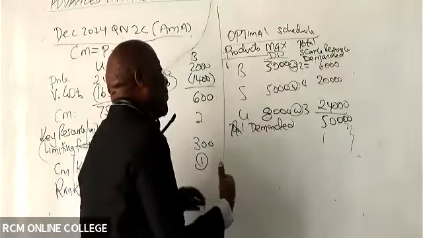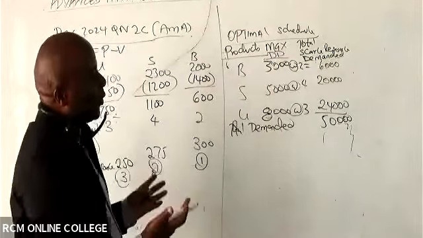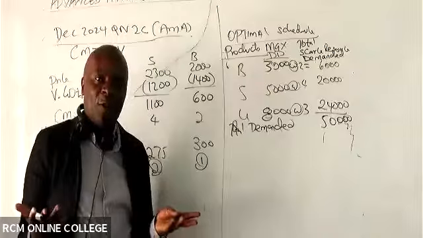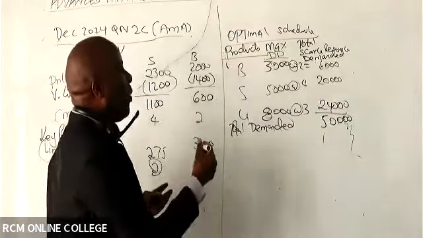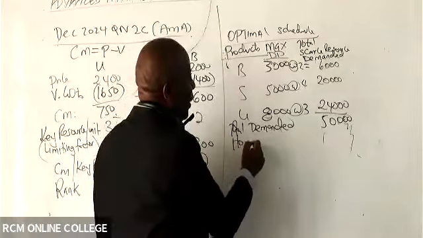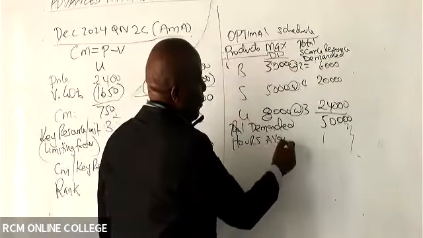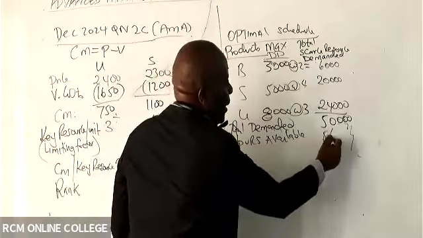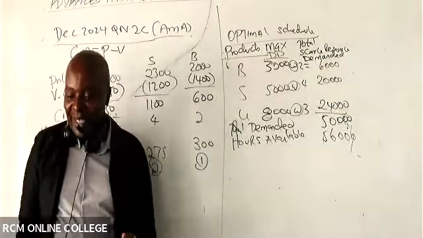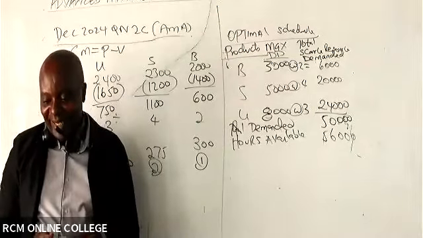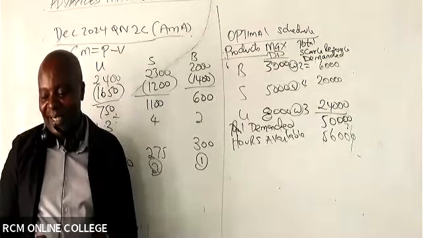I remember this was a straightforward question. I don't know who was setting this kind of question for advanced level students. If you look at the hours available given to us, it is equal to 50,000. So is there any scarcity? No scarcity at all.